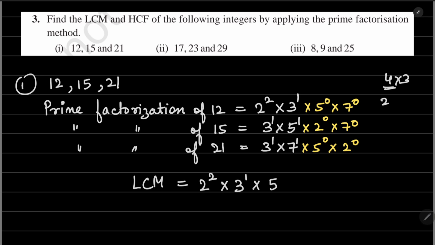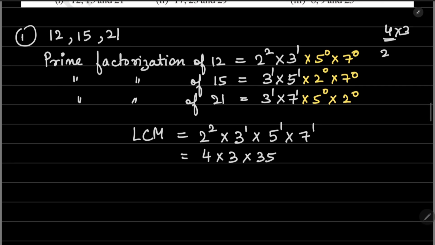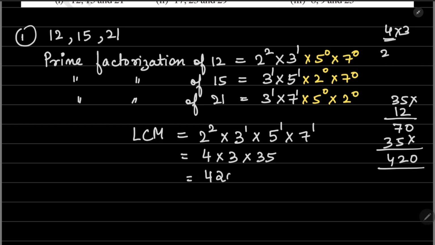For 5, the highest power is 5 raised to the power 1, and for 7, the highest power is 1. So 4 into 3 into 7 into 5, that is 35 into 12. So the answer is 420.